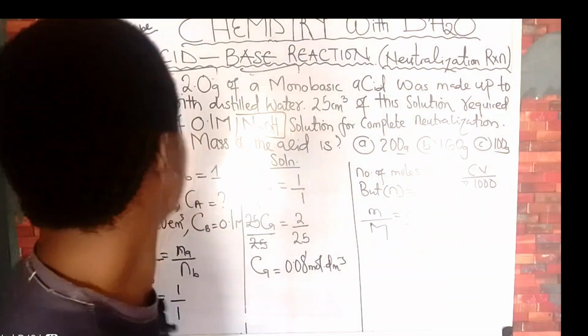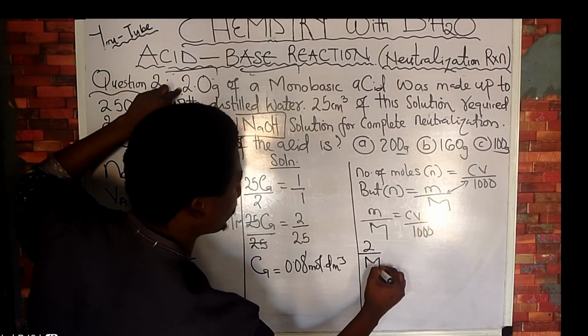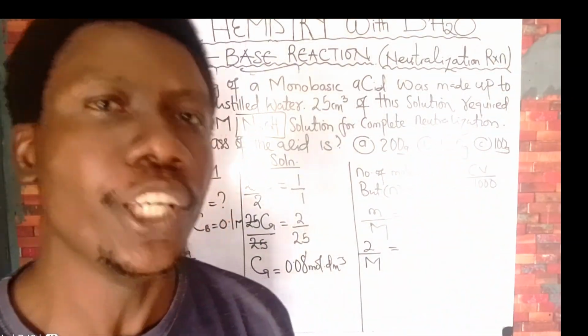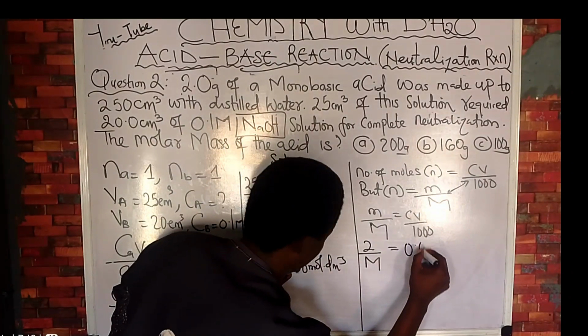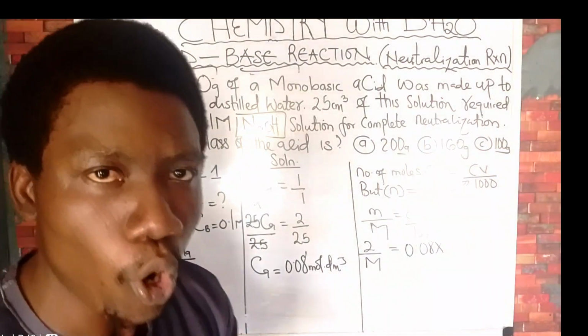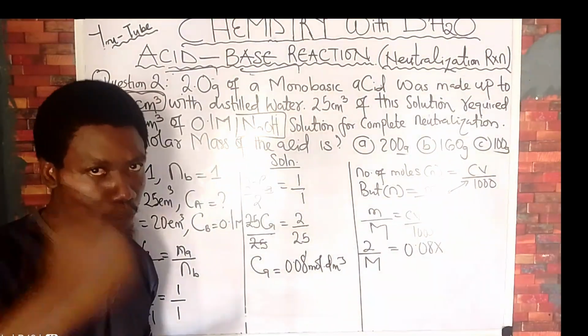What is the mass? The mass was given to us as 2. We are looking for the molar mass, n. Do we know the concentration of A? Yes, we have calculated it. See here, it is 0.08 times the volume of A. See, 250. That's what they used in preparing it.